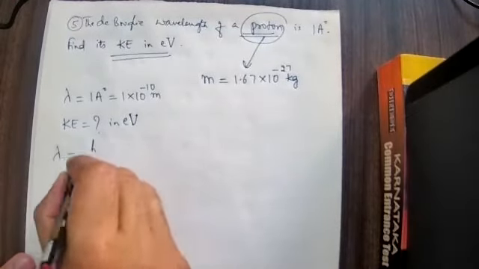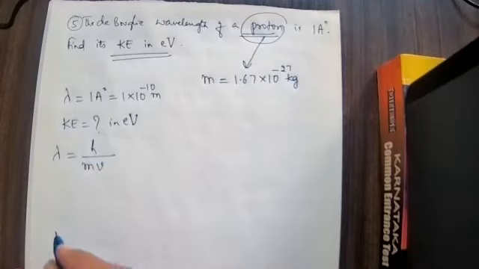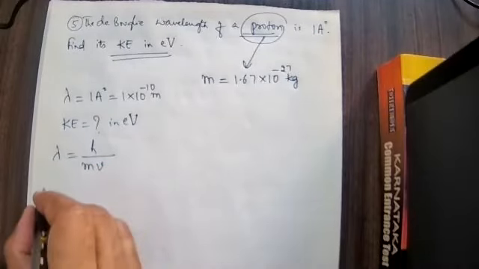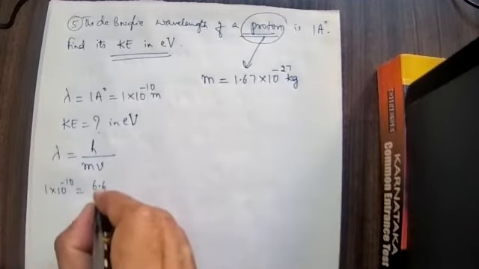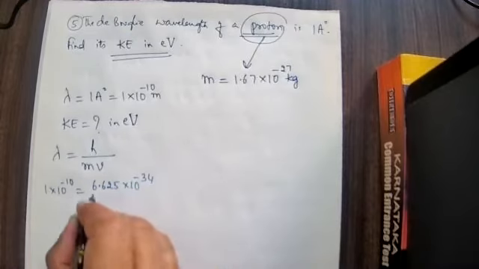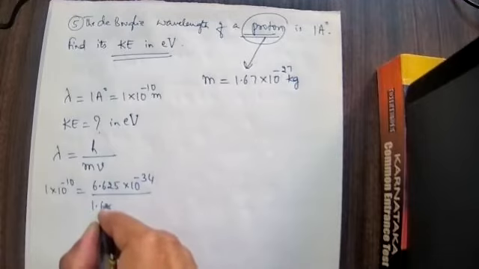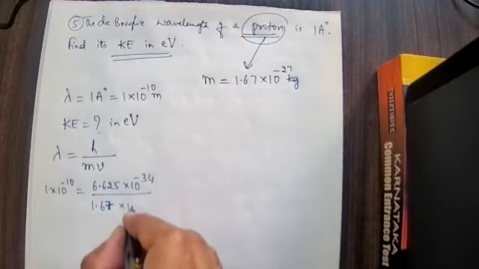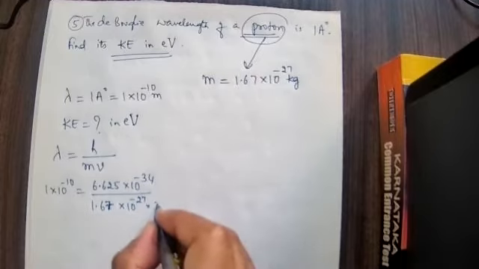Lambda is given as 1 × 10 to the power minus 10, h is 6.625 × 10 to the power minus 34, mass 1.67 × 10 to the power minus 27 multiplied by v.